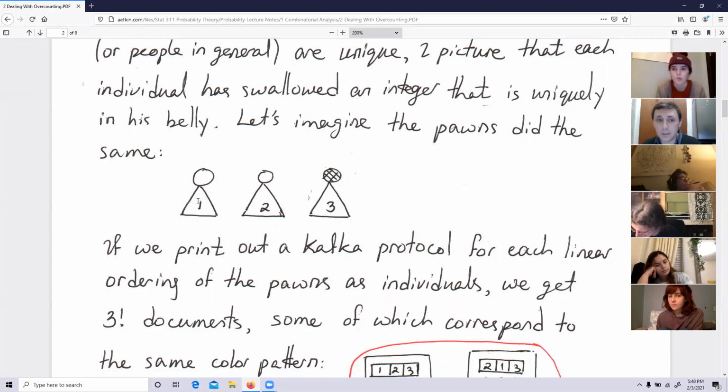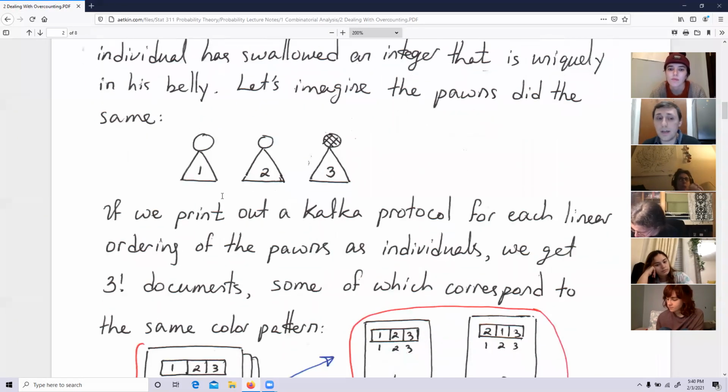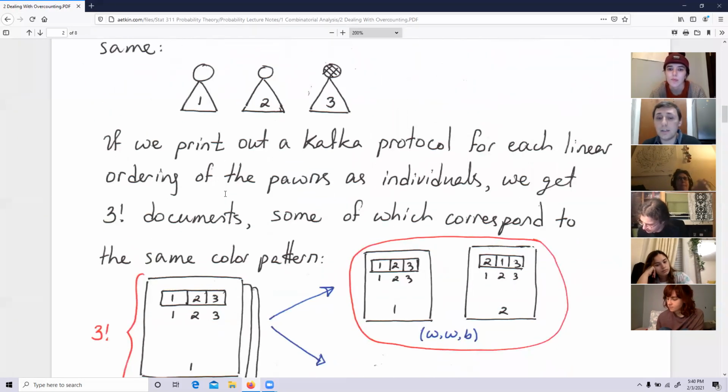And if I write the ordering of those elements, how many documents do I have? You can see that for the document corresponding to white, white, black, we can either have the positions 1, 2, 3, or 2, 1, 3, right? I can swap the first 2 pawns at my discretion.